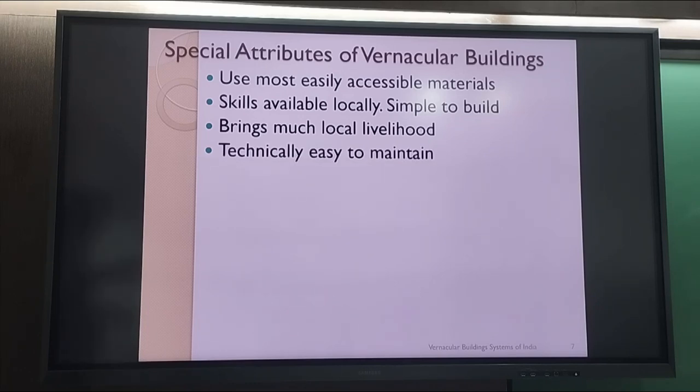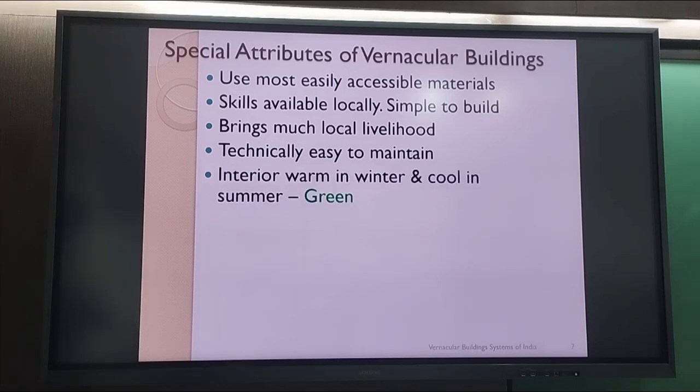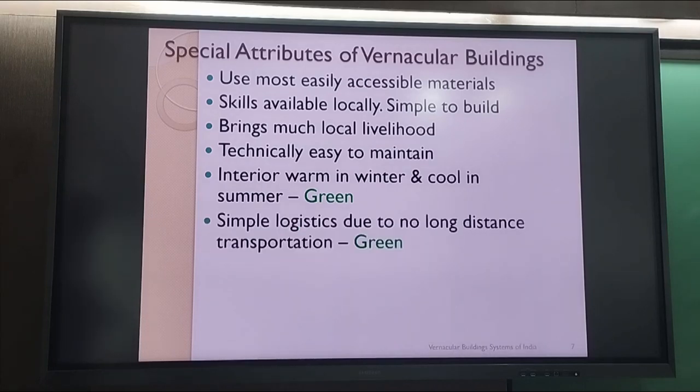This is again a very important part. We Indians as a country are very, very poor in maintenance, so this is a very important factor. The interior remains warm in winter and cool in summer, very common in most of these houses. So they're green, you can call it. Simple logistics.